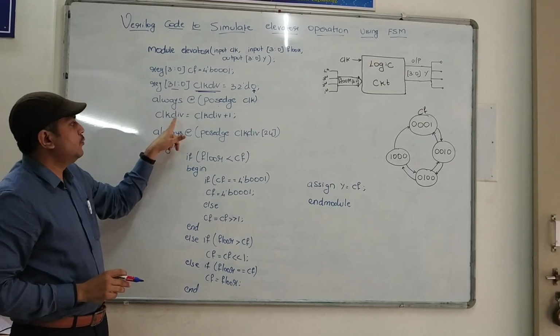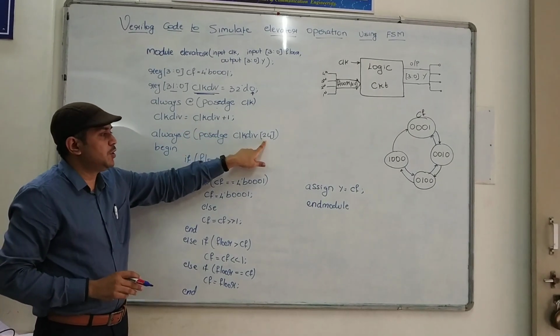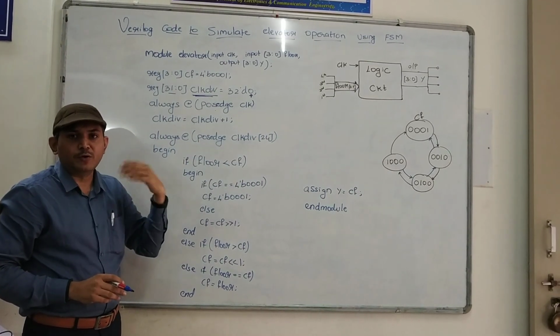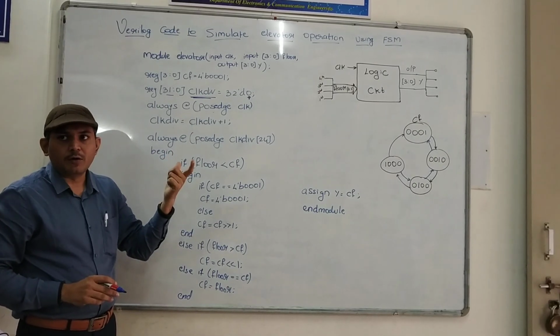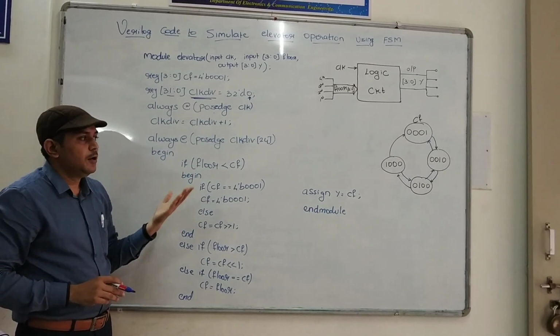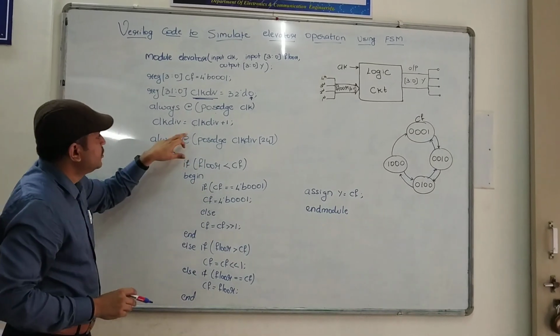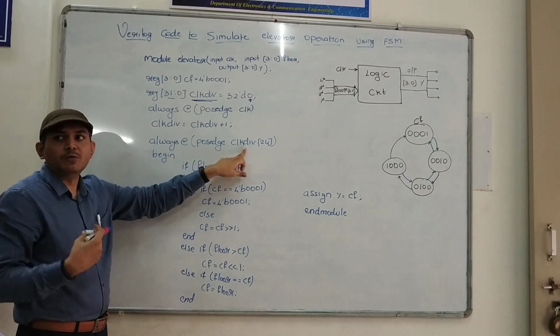I am using the clock_div variable to count the clock pulses. As soon as it reaches 24, that will be taken as 1 clock pulse. So for 24 on and 24 off period, that will be taken as 1 clock pulse. So we are reducing the kit clock frequency by 24 times. That is the minimum.